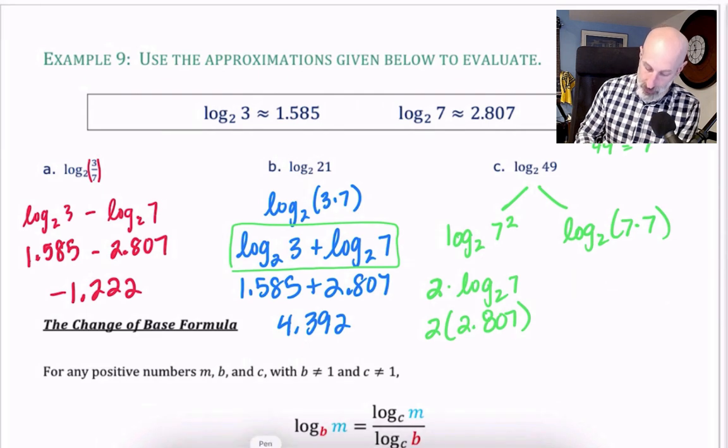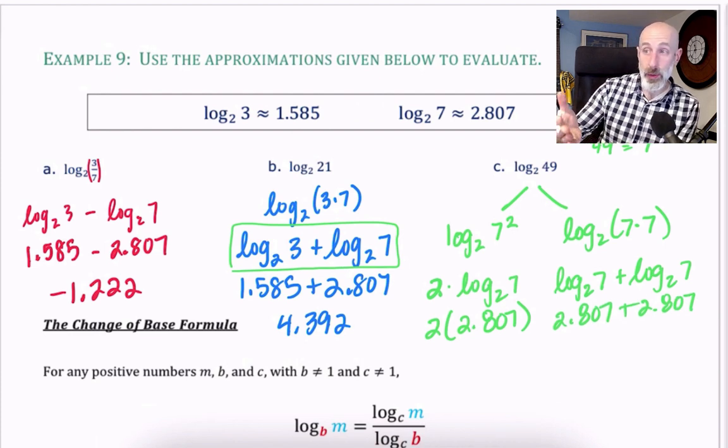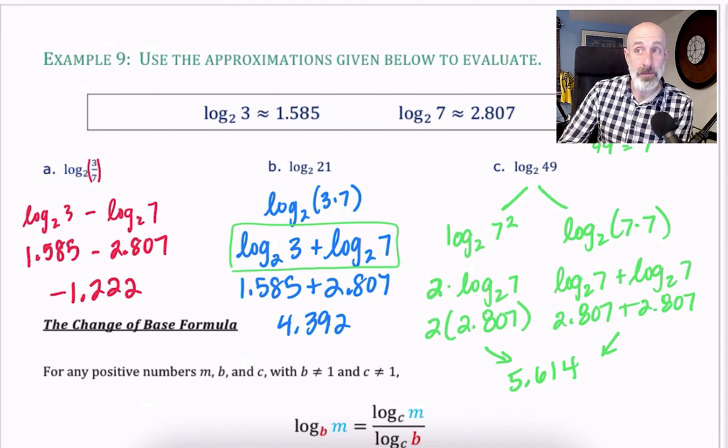I'll write it out. And then obviously mathematically, whether we're multiplying 2.807 by 2, or adding 2.807 to 2.807, we're going to get 5.614, which is of course the same value.